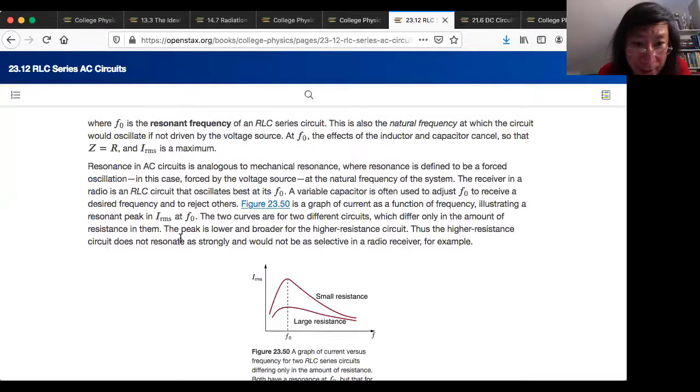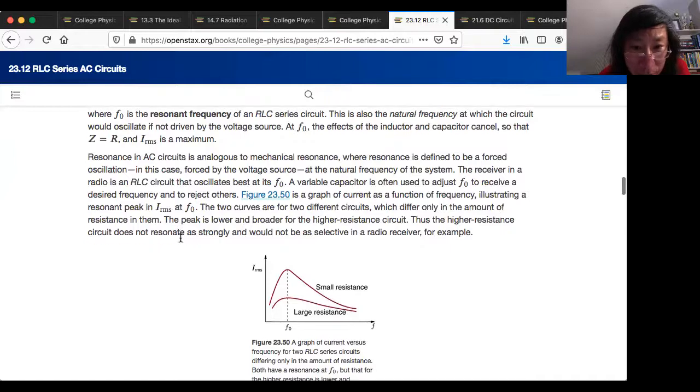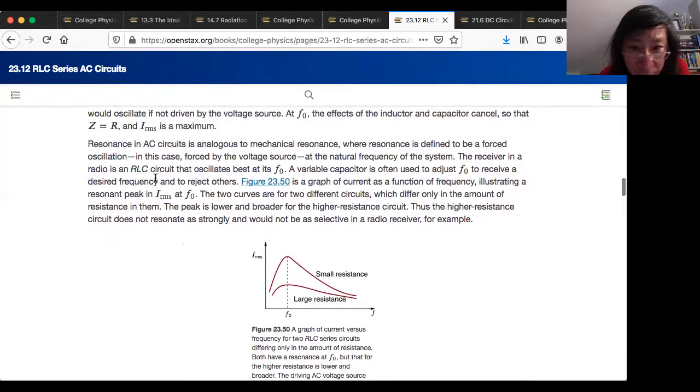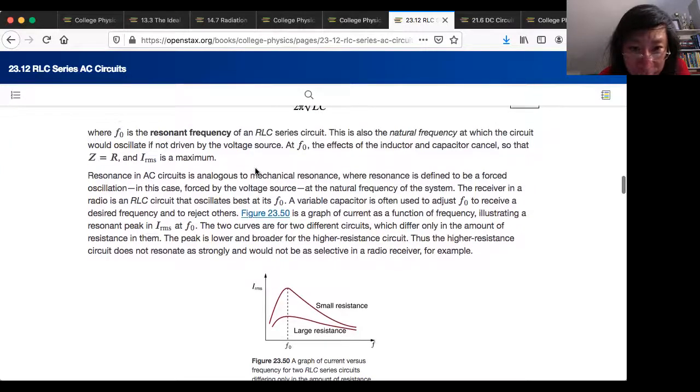Now we're talking about resonance frequency in the electrical world. And why is that cool? Because, take a look, when you have a radio receiver, it's an RLC circuit that oscillates at the resonance frequency.